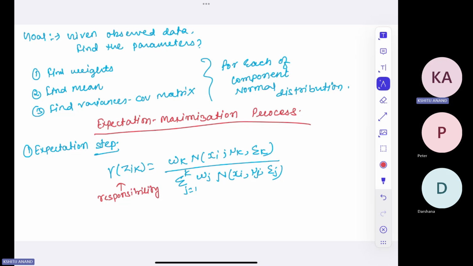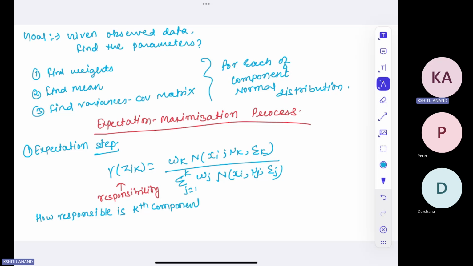What does it mean? Basically, this responsibility describes how responsible the kth component is.